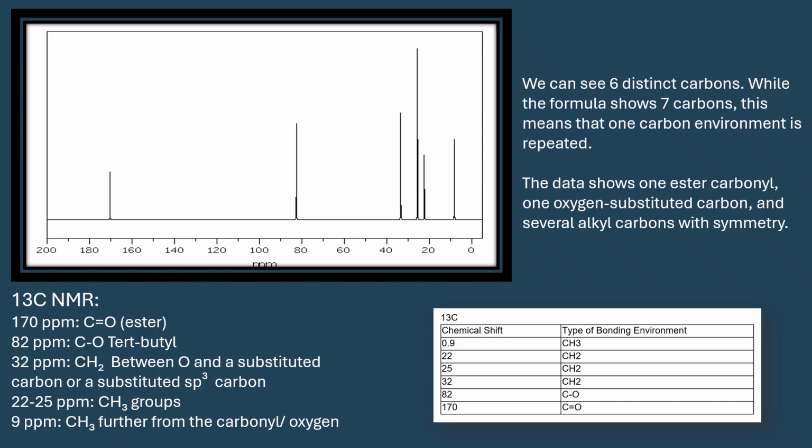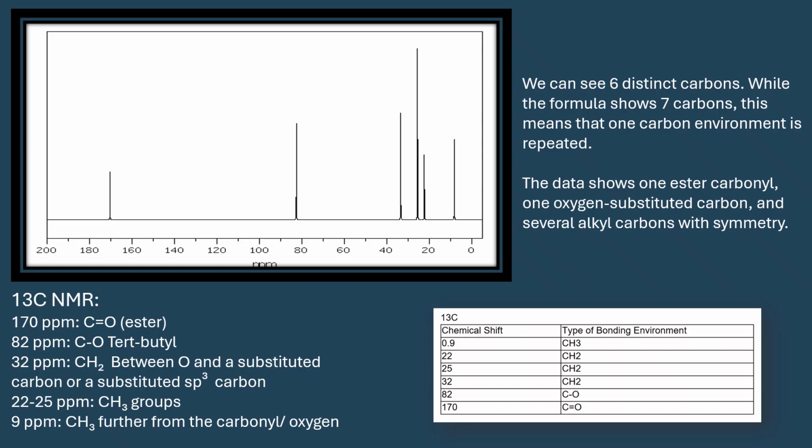When reviewing the 13C NMR, we find the following signals. 170 ppm is a C=O double bond, an ester. 82 ppm is a C-O bond, a tert-butyl. 32 ppm is a CH2 between O and a substituted carbon or substituted sp3 carbon.